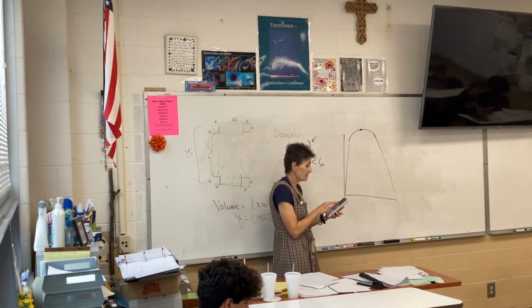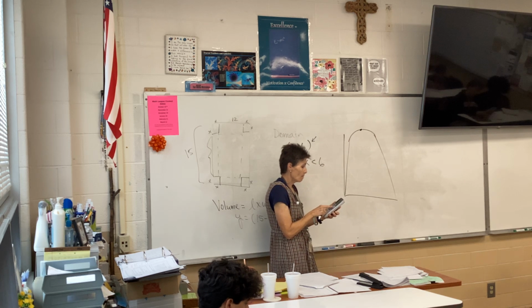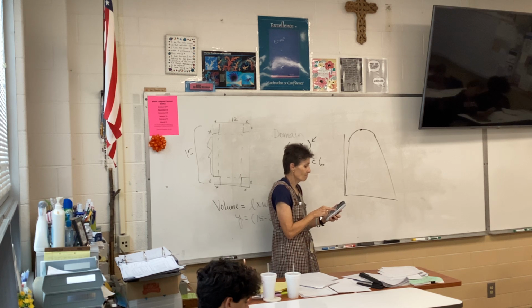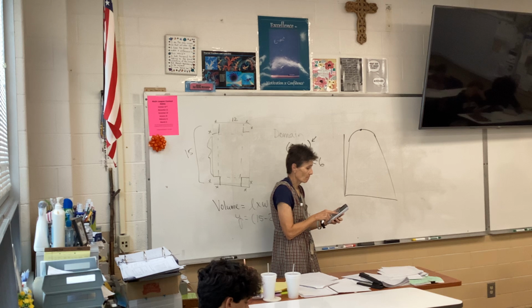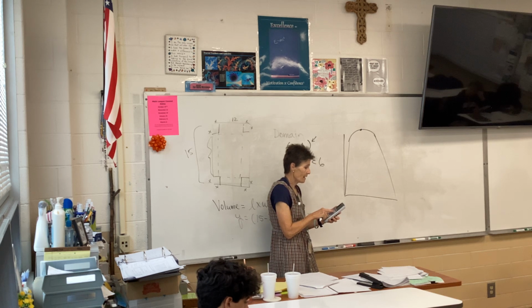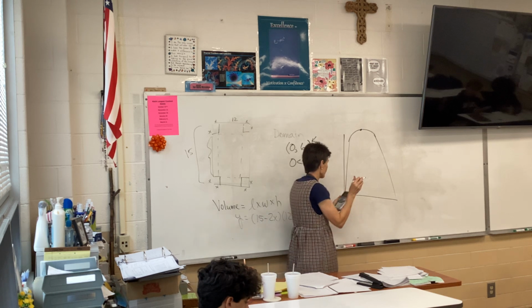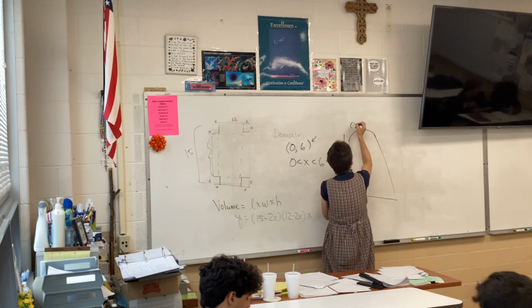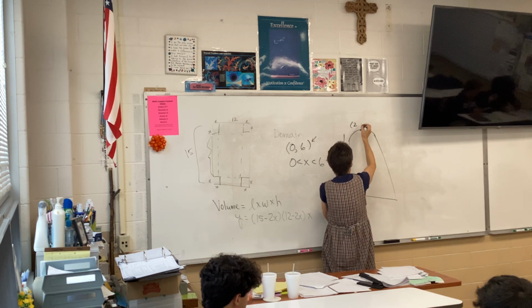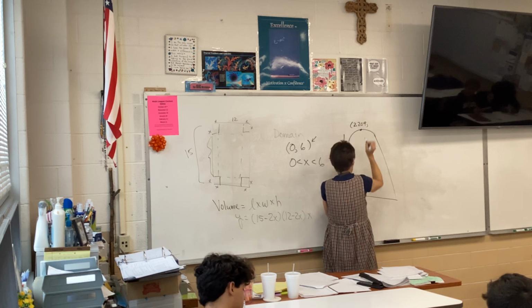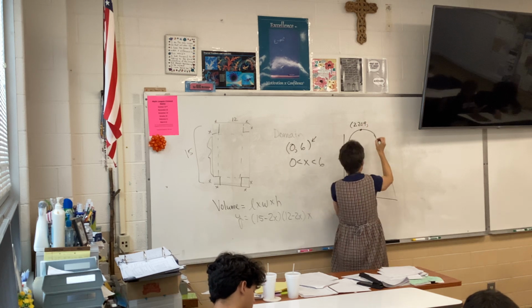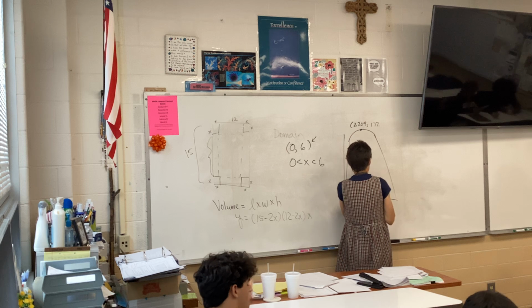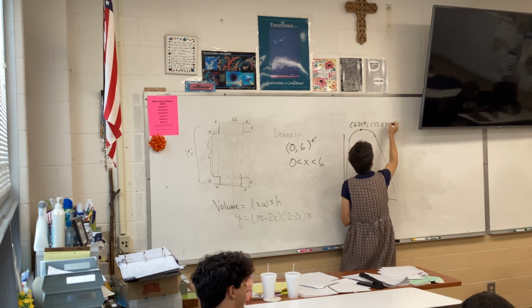So second calc, max, left bound, right bound, maximum. I got 2.209, comma, 177.234. I got it.